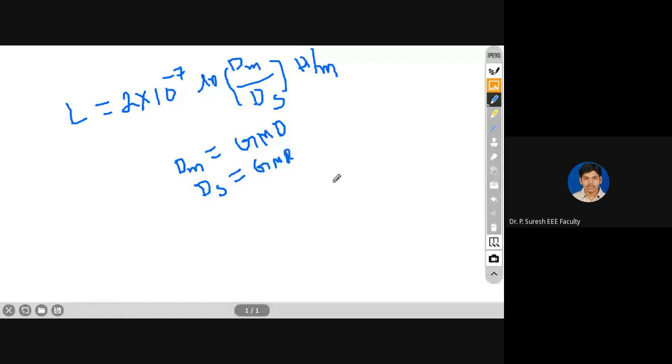Mutual GMD means the distance between the conductors. Let us take the distance between the two conductors as D and the radius as r. Now tell me, what is the GMD of this single phase two-wire system? GMD equals D. What is the GMR formula?